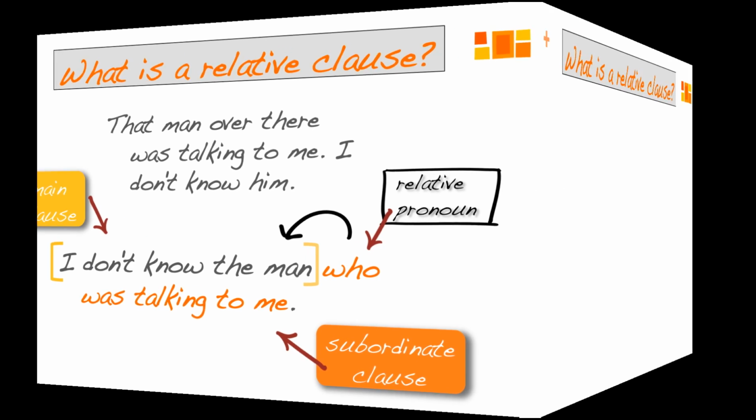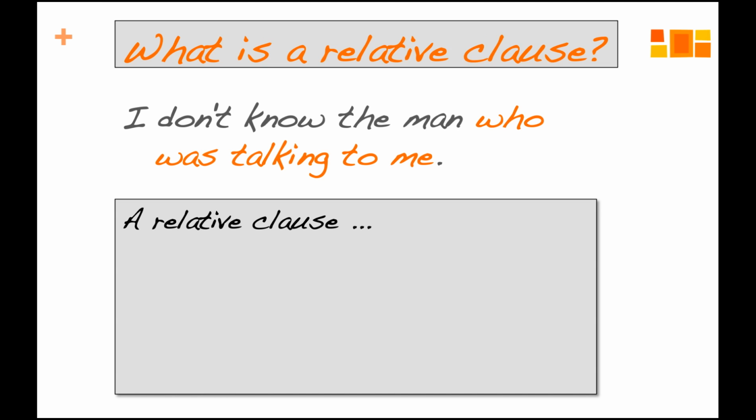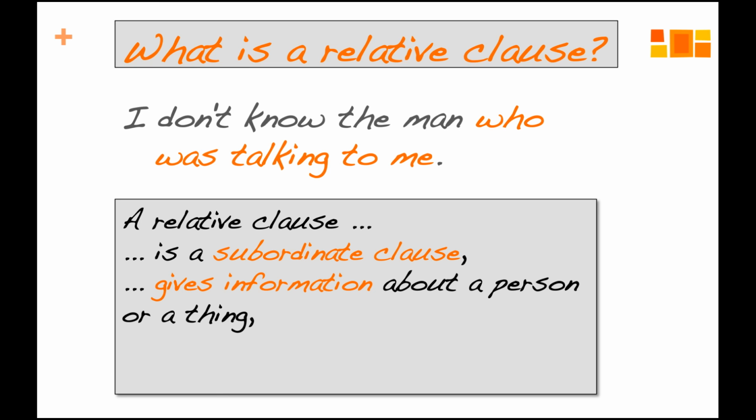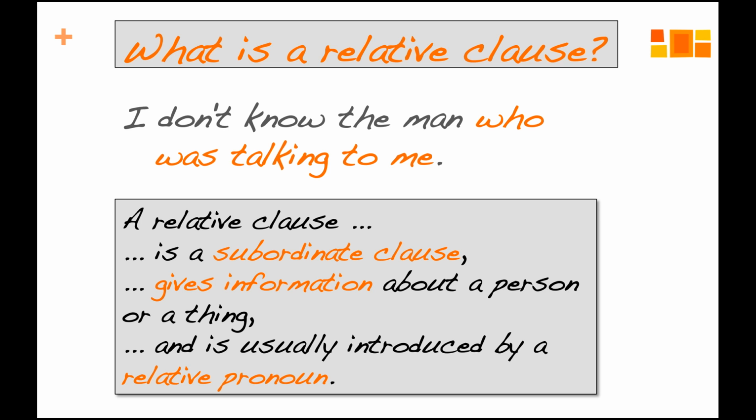And these 3 things you're looking for when you are looking for a definition. A relative clause is a subordinate clause. Who was talking to me? It gives information about a person, about a thing, or maybe about an animal. Here, information about the man, and the information is he was talking to me. And it is usually introduced by a relative pronoun, which here is who, and the who refers to the man.